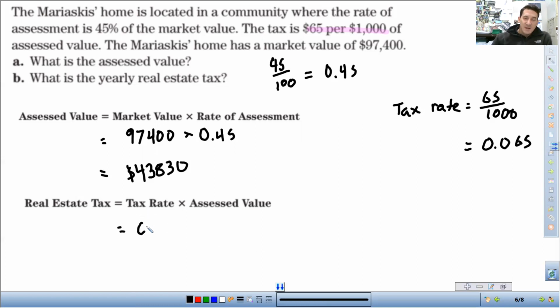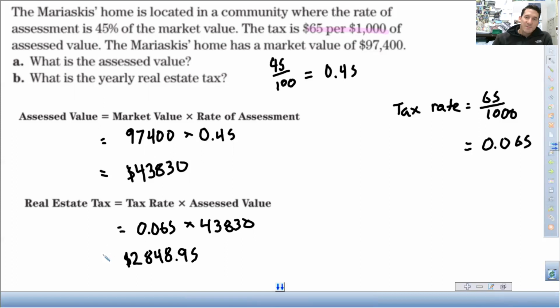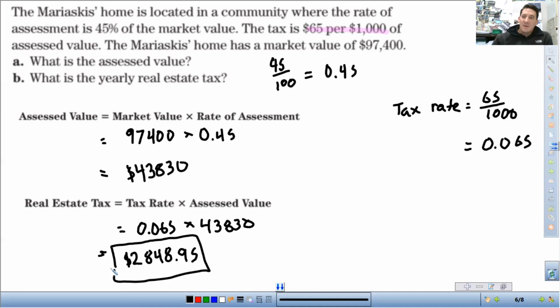So the tax rate is 0.065 times the assessed value of 43,830. Let's multiply that. We get 2,848.95. This is something you normally pay once per year. You get a property or real estate tax bill in the mail, and you pay it once per year.